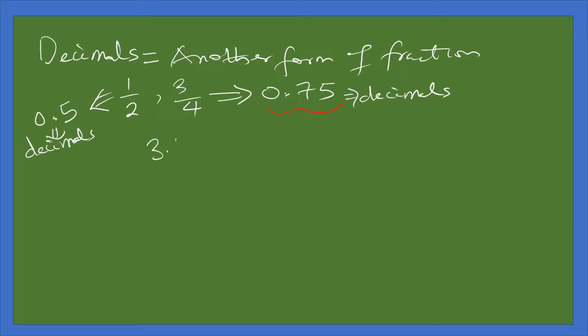Let's take another example. We have 3.142. Now, if you want to read this number and you are asked to what decimal place this number is written, the answer is very simple. How do you get it? Just count the number of figures immediately after the point. If you count it, you have 1, 2, and 3.